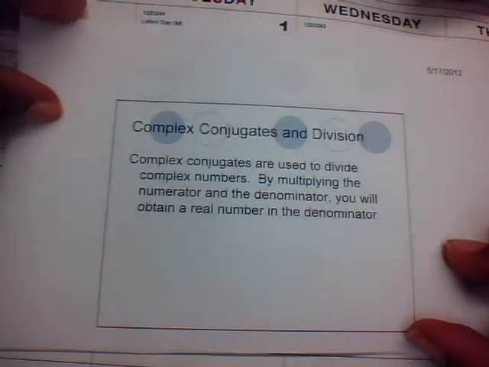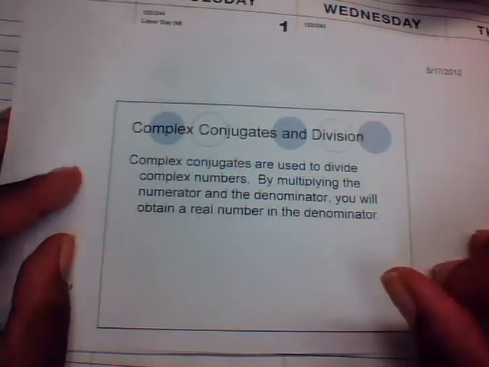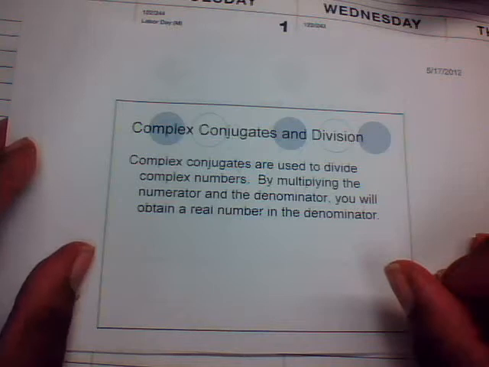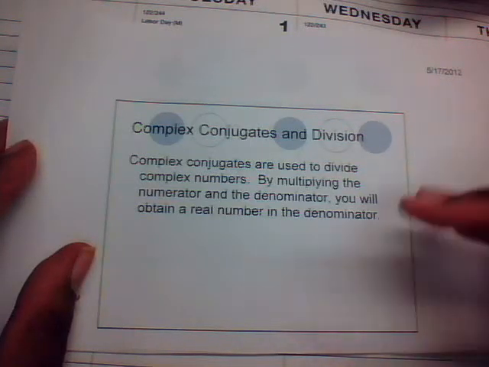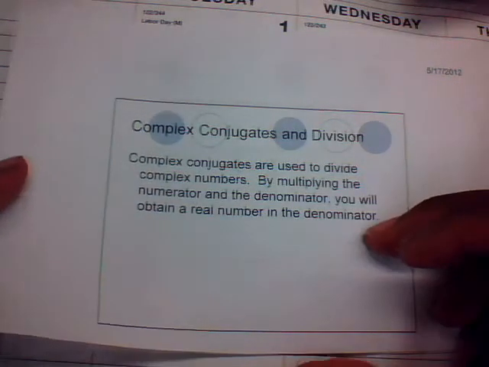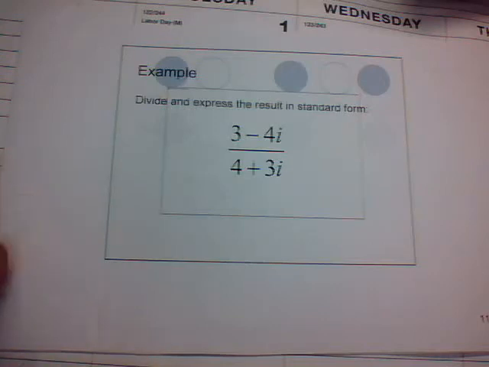So if you multiply the numerator and the denominator by the complex conjugate of what's in the denominator, you're going to get a real number in your denominator. And let's look at a couple of examples, like this one. We have 3 minus 4i divided by 4 plus 3i, and we want to divide and express the result in standard form.